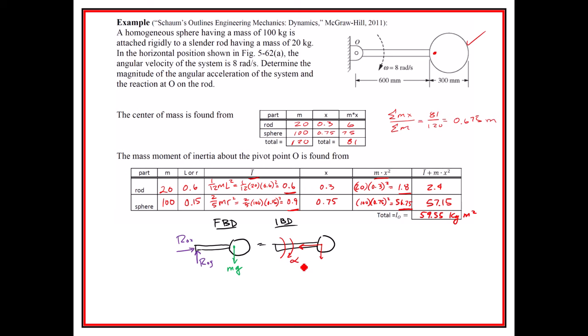I'm also going to have an omega right here. So I'm going to have the mass times acceleration in the x direction and a mass times acceleration in the y direction.